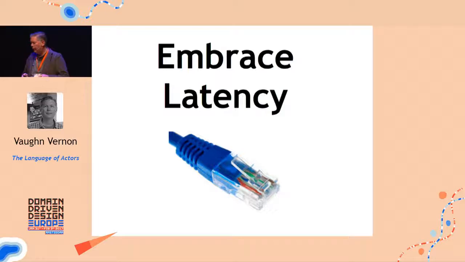Another good reason to consider the actor model is that we should embrace latency and we should embrace network failure. When we rely on synchronous communication, as in RPC or even RESTful invocations, RESTful requests on servers, those requests can go unfulfilled because of crash or timeout.